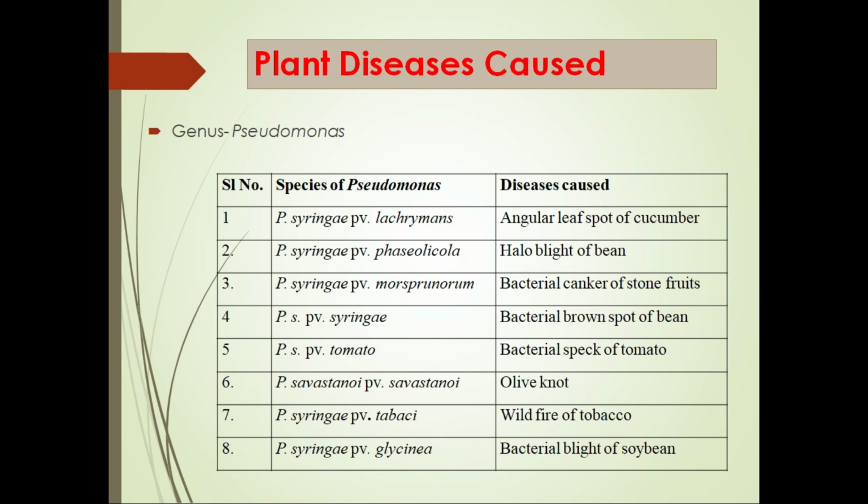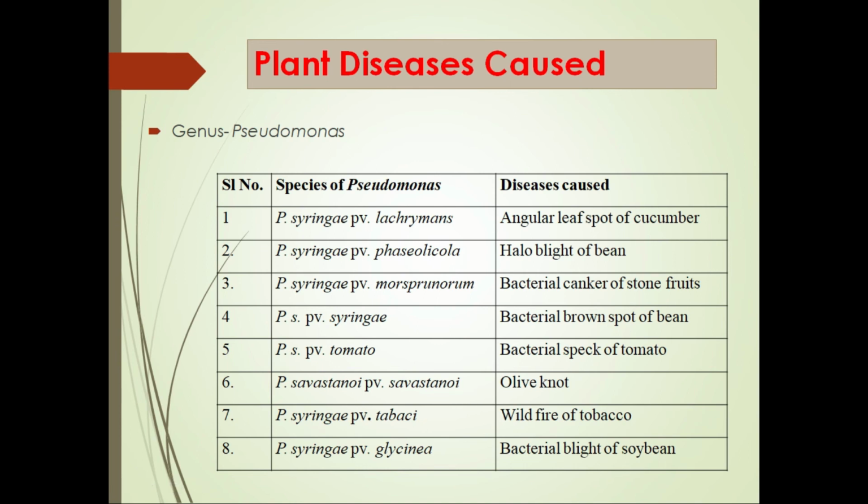Then you have halo blight of bean, bacterial canker of stone fruits, and so many other diseases. Then we have one disease called olive knot. Olive knot is caused by a gall forming or tumor forming pathogen, Pseudomonas savastanoi, pathovar savastanoi.